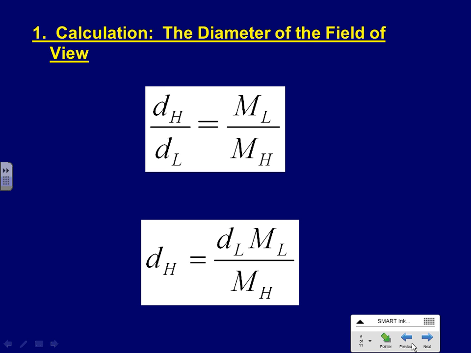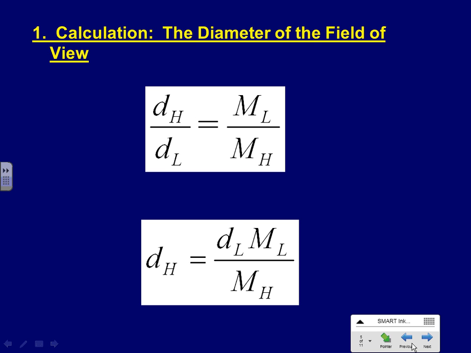Because this equation deals with jumping from low to medium, medium to high, or low to high. So in this equation, the H doesn't necessarily stand for high, it stands for higher. The magnification that is higher, or the highest.